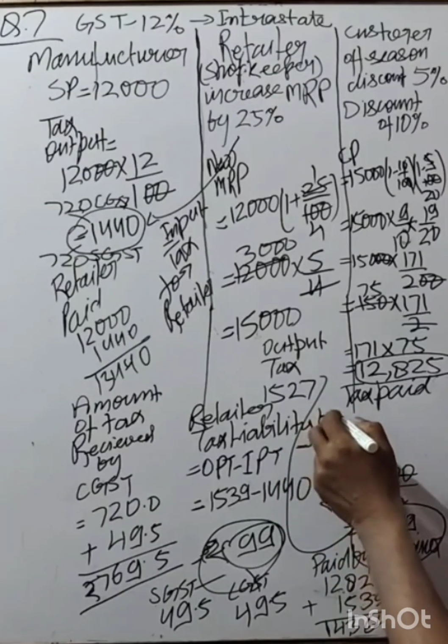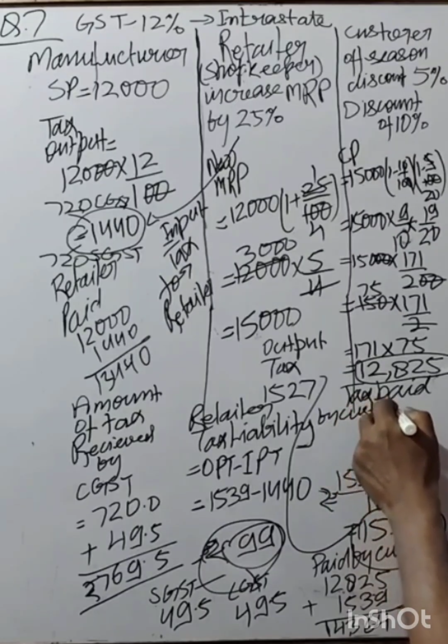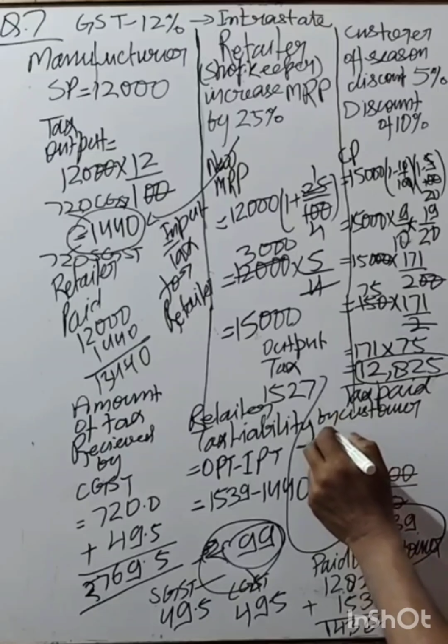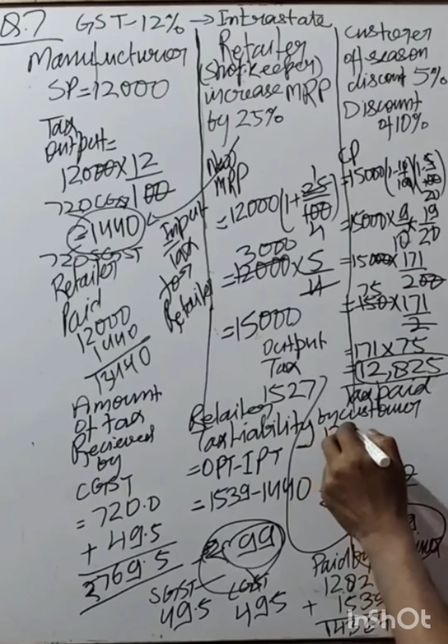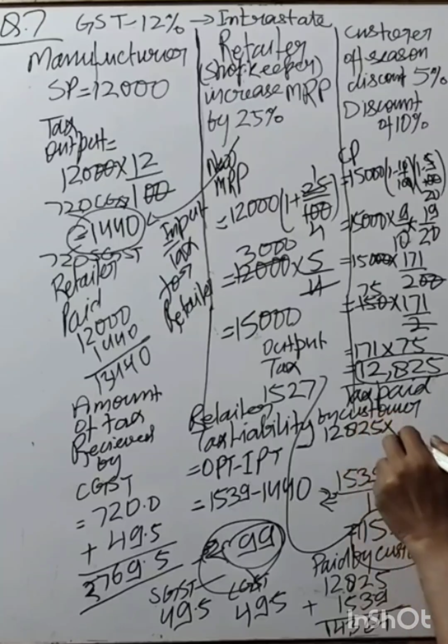Tax paid by customer is 12,825 into 12 upon 100.